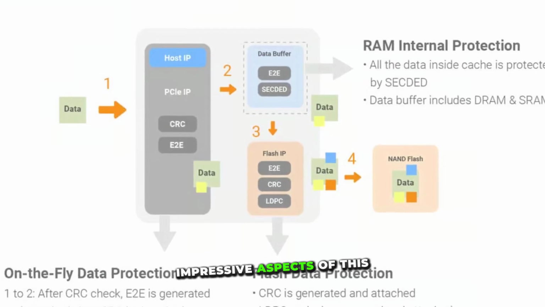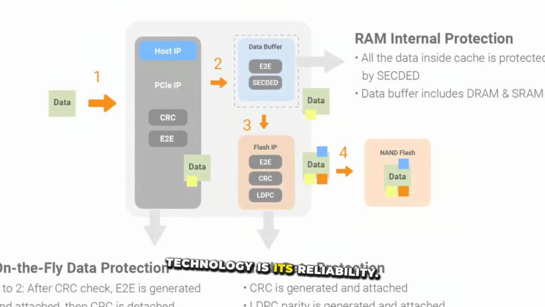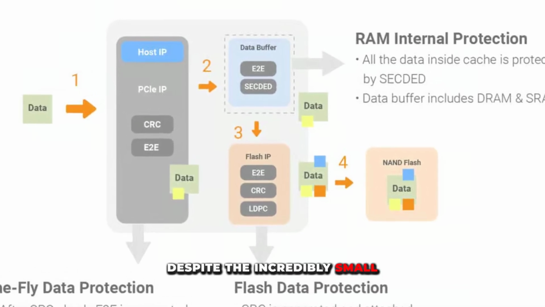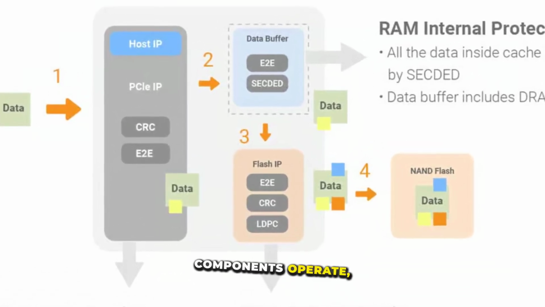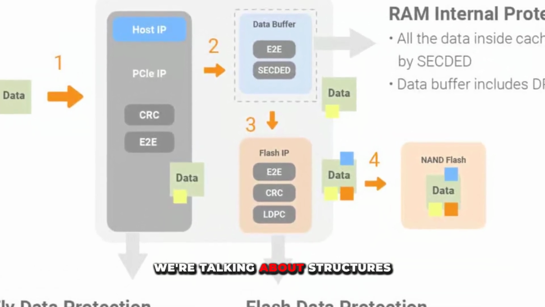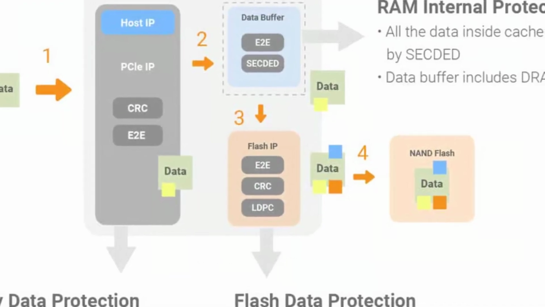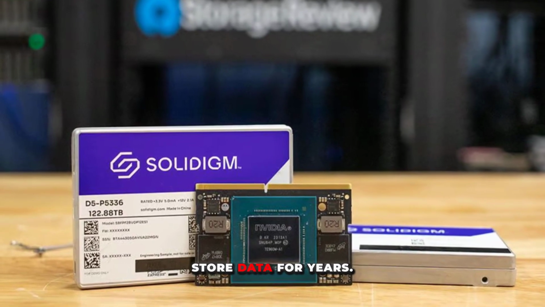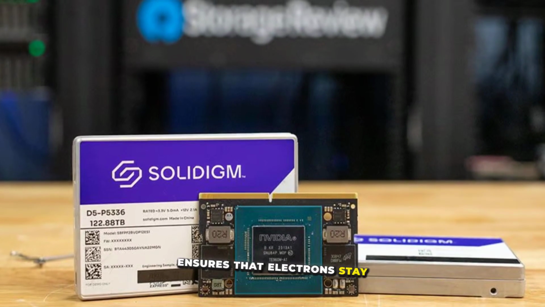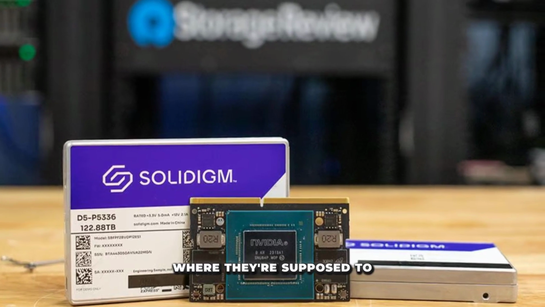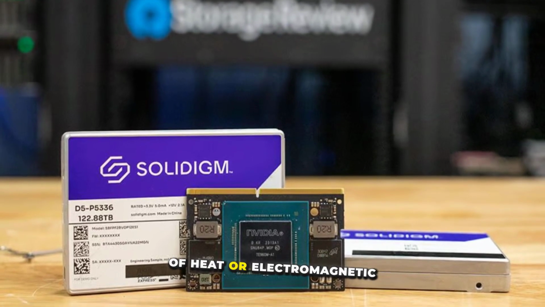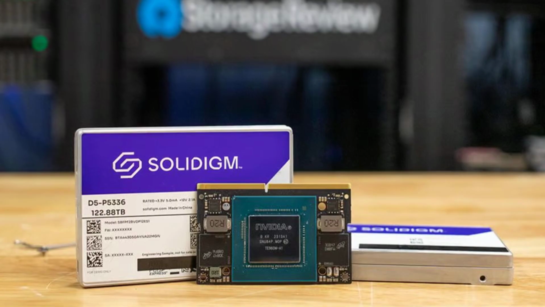One of the most impressive aspects of this technology is its reliability. Despite the incredibly small scale at which these components operate, we're talking about structures measured in nanometers, modern SSDs can reliably store data for years. The charge trap design ensures that electrons stay where they're supposed to, even in the presence of heat or electromagnetic interference.